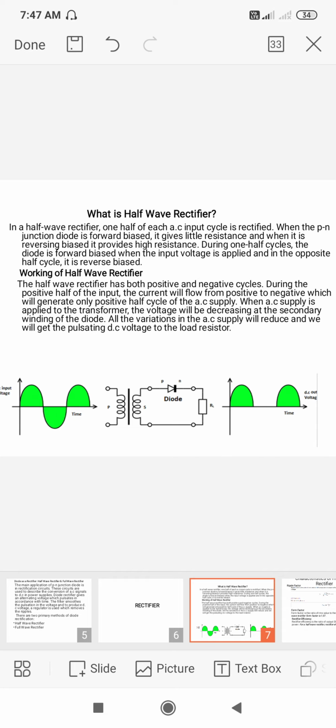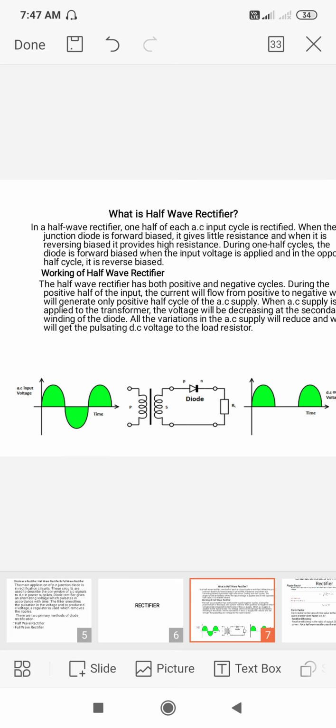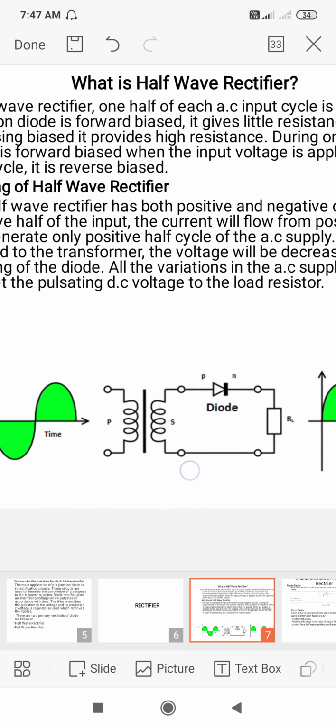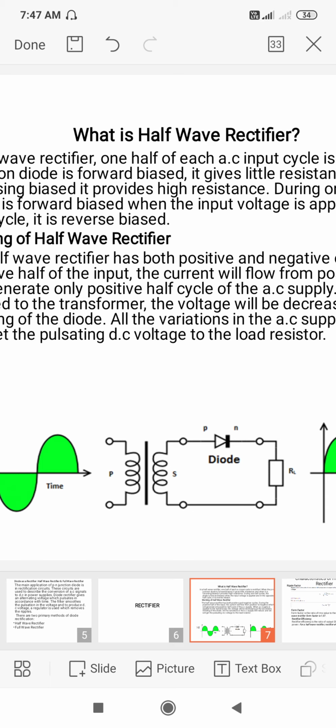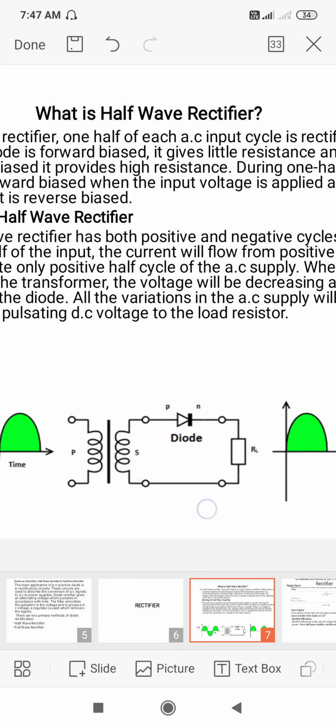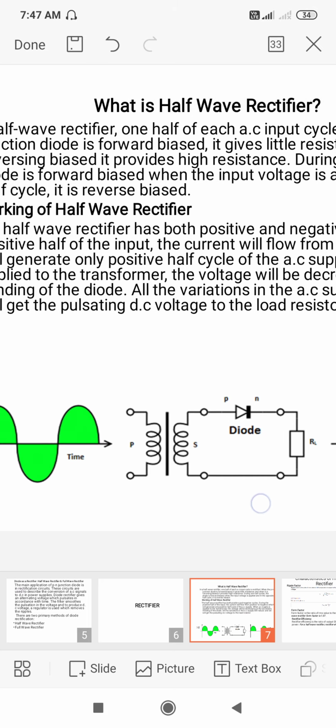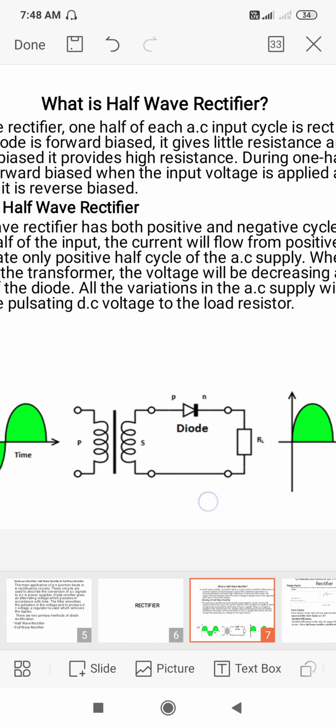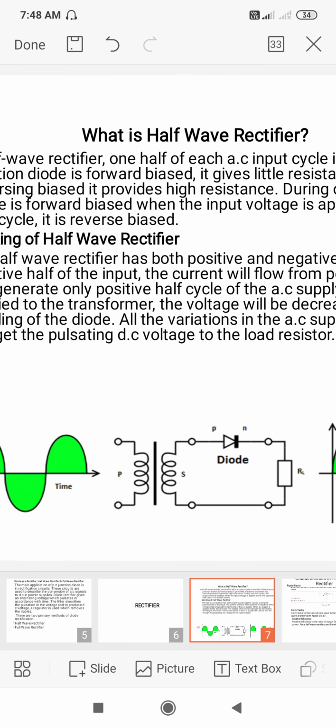This is the half wave rectifier circuit. One diode is connected in the circuit, and one transformer, where P is the primary and S is the secondary winding of the transformer, and RL is the load. You can use any type of load, such as a speaker.